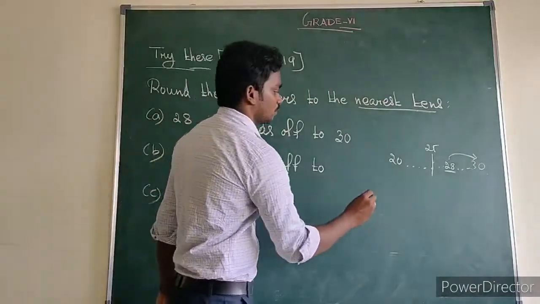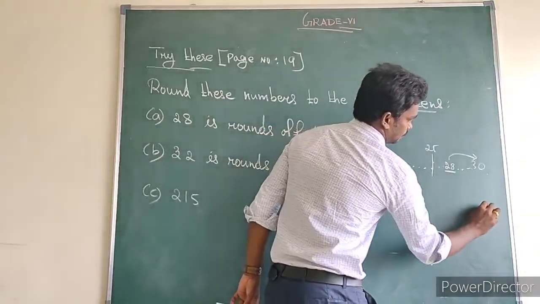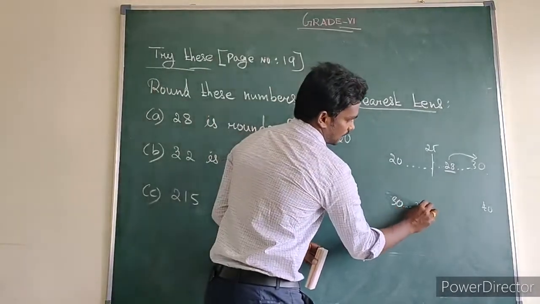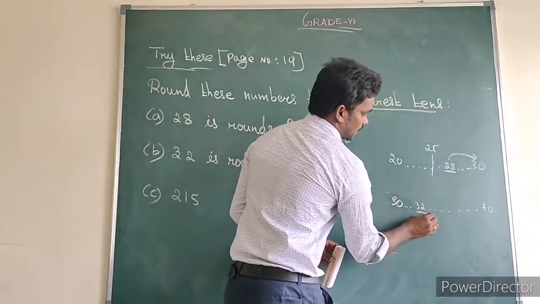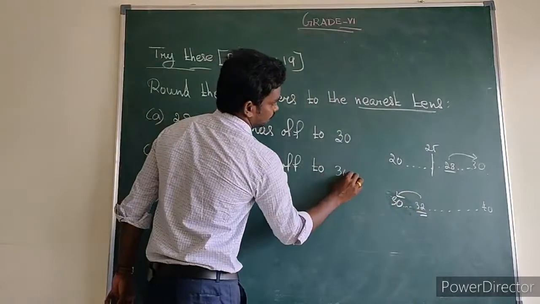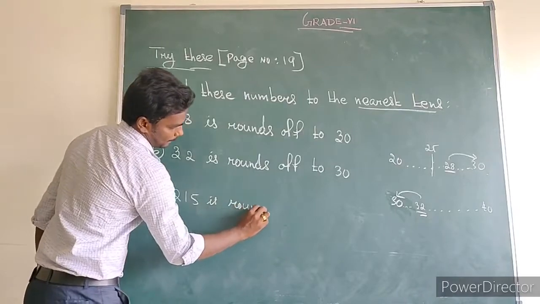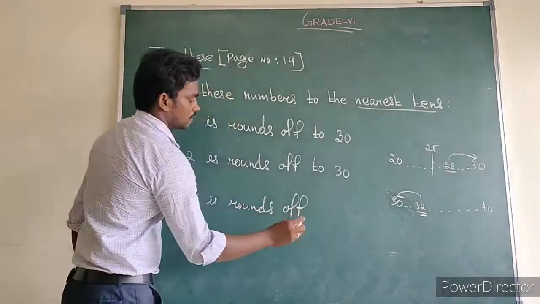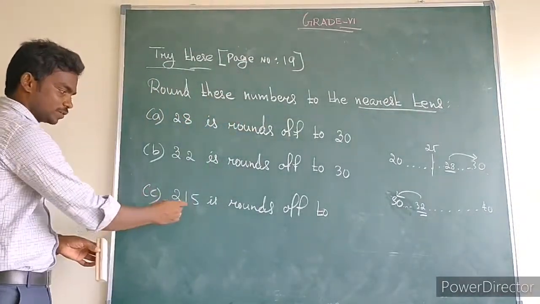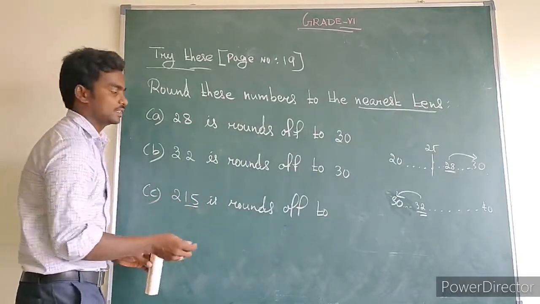What about the number 32? 32 is lying between 30 and 40. So 32 is nearest to 30, so 32 rounds up to 30. Next, 215 rounds up to: this number 215 is lying between 210 and 220. Nearest tens only, so this number is closer to 210.